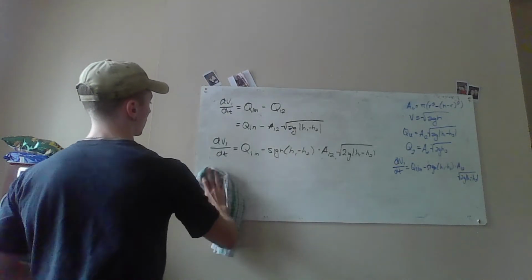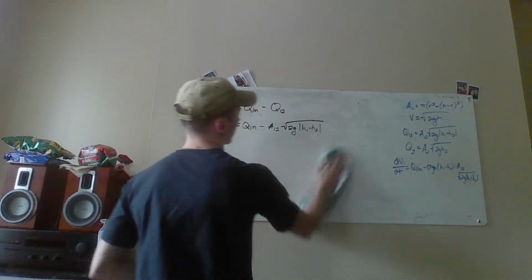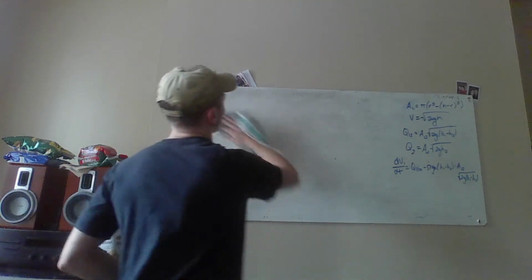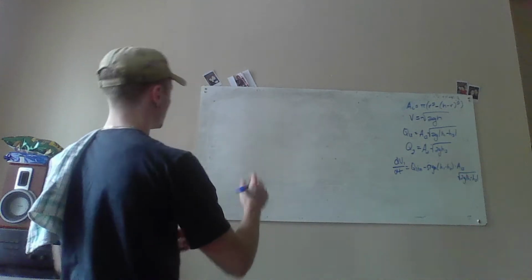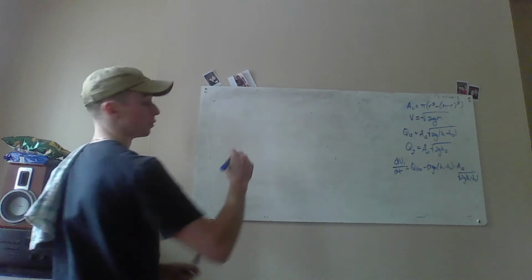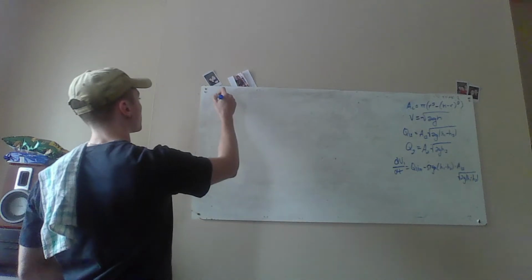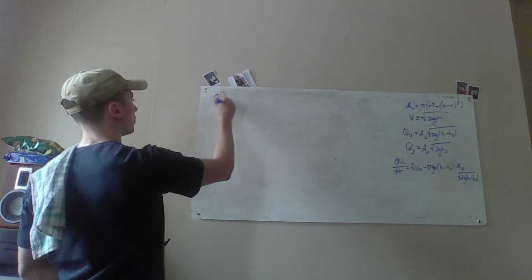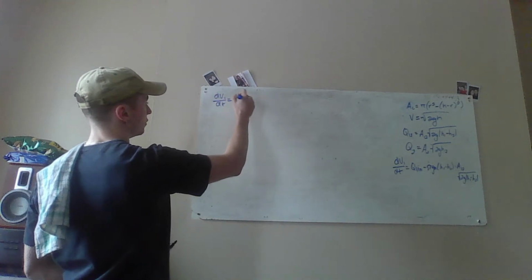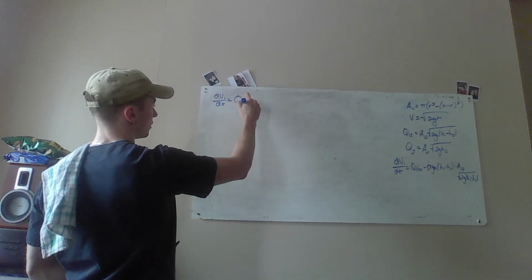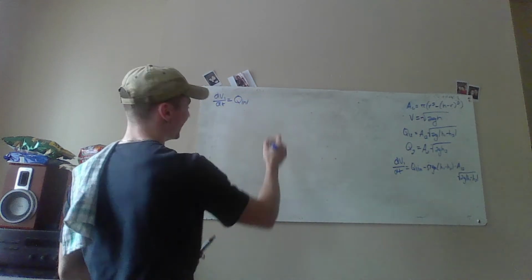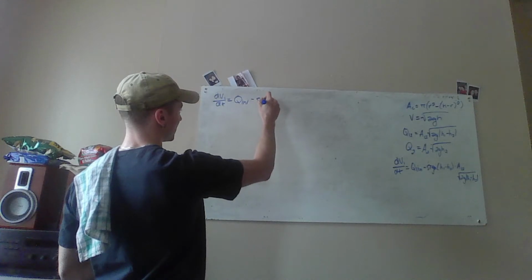And so I will erase that, and I guess I'll just write it bigger up here, so that way we have it. So, final answer for the initial flow rate of tank 1. The flow rate of tank 1 with respect to time is equal to the flow of fluid into tank 1 minus the sign compensation.